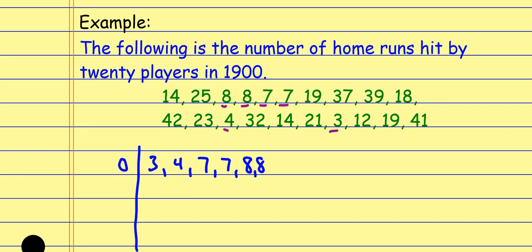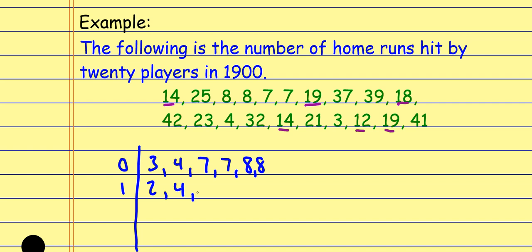Then we move on to the 2-digit numbers in the teens that all start with a 1. We have a couple of those. I think that's all of them right there. Again, we want to list these in order. It looks like I have a 12, so I put a 2 here because the first number is a 1, the next number is a 2.